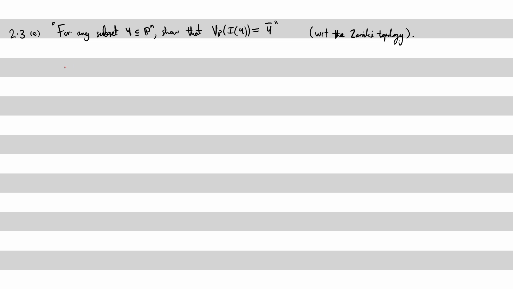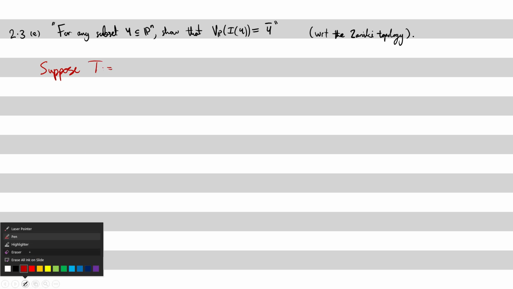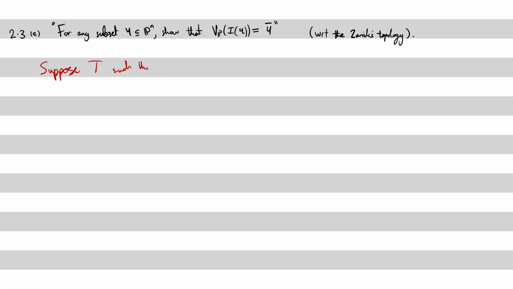So, what we want to show, well, firstly, suppose there exists T such that the vanishing set of T is equal to that, i.e. T is a set of homogeneous elements such that the vanishing set of T contains Y within it.